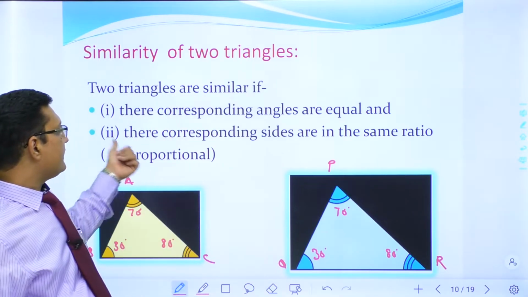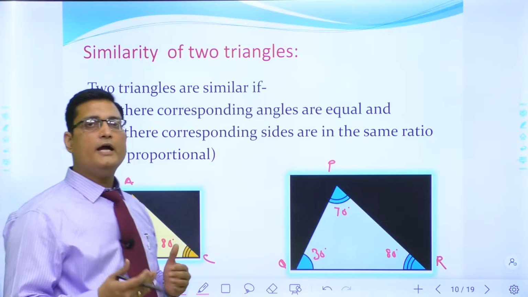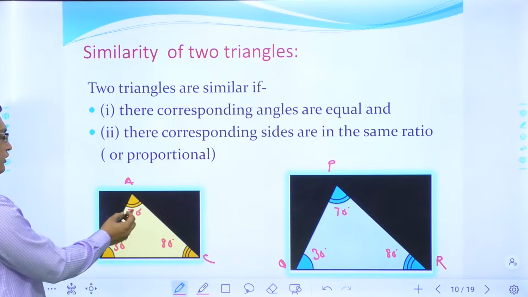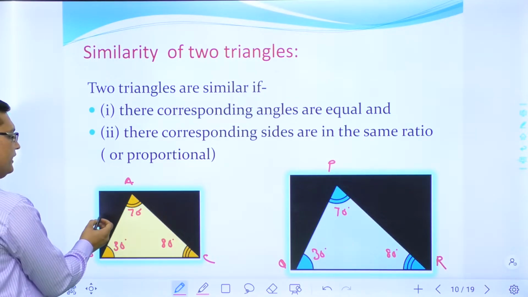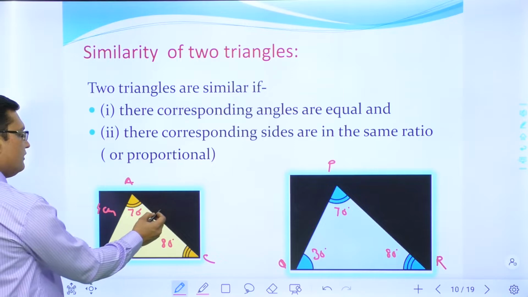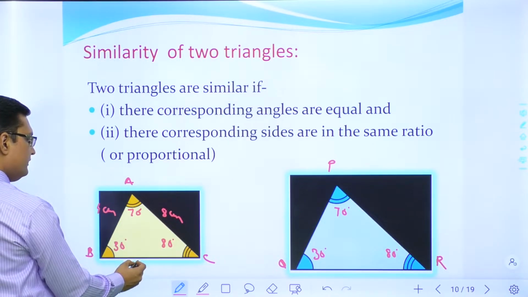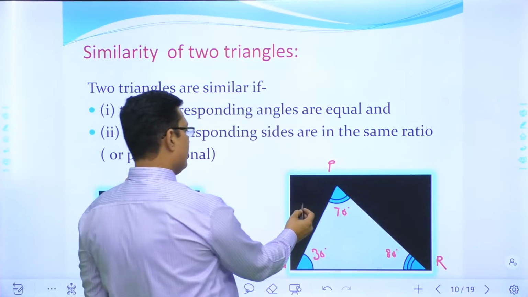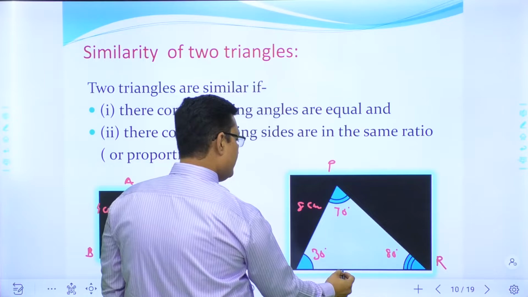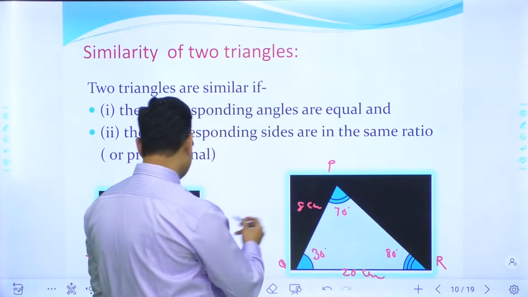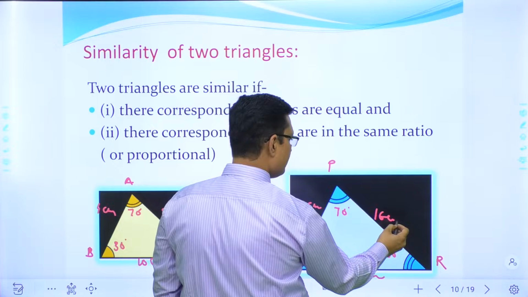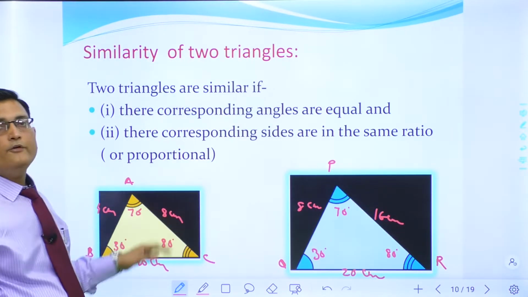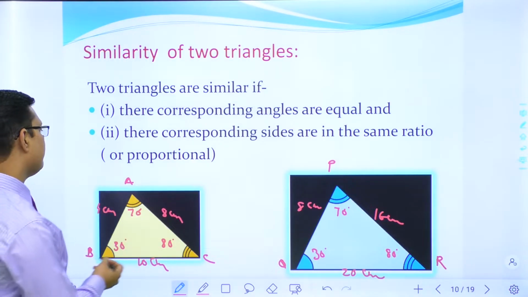Now come to the second point, that their corresponding sides should be in the same ratio. Now see how it will be in the same ratio. For example, if its sides are 4 centimeters, 8 centimeters, 10 centimeters, and the other sides are given 8 centimeters, 20 centimeters and 16 centimeters. Now see, students, if you find the ratio of these sides, what will come?